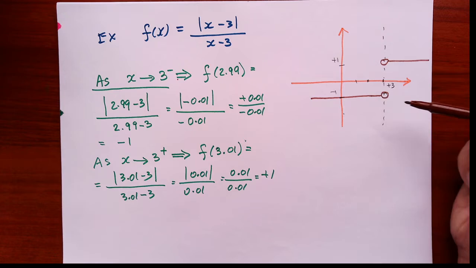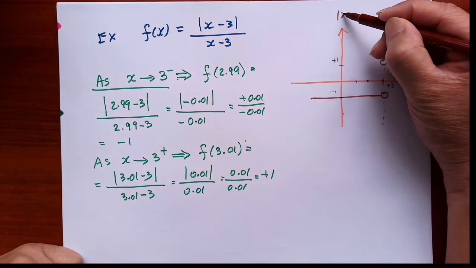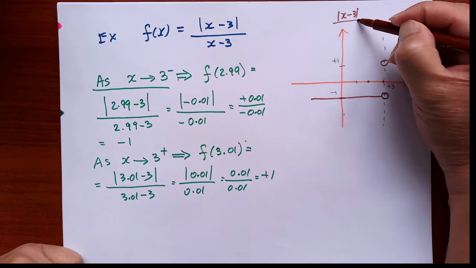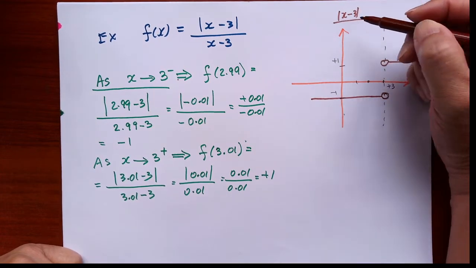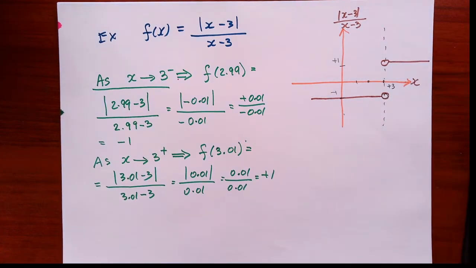So this is how the function is drawn, and this function is the absolute value of x minus 3 over x minus 3. This is x.